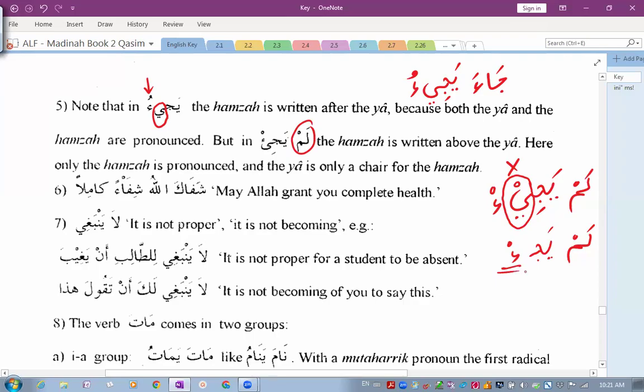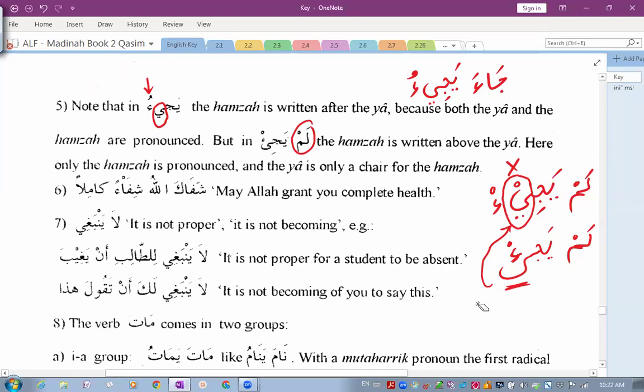He always wants a chair underneath him or beside him. So what happens? We give him a seat of an alif maksura, just like this. So do not consider this seat as the ya which got dropped. That's all we are learning over here in this part.